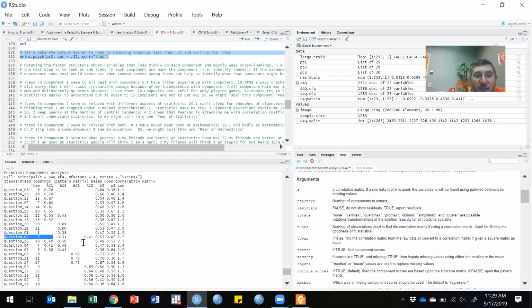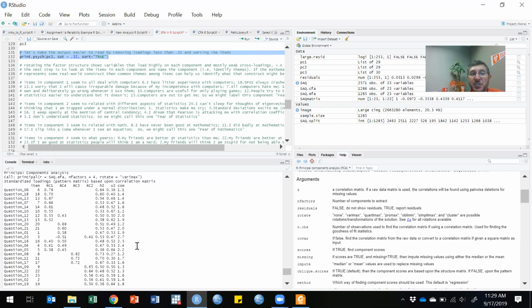Same thing with questions 3, 16, 4, and 5, which all have slight cross loadings. We might want to look at those and see what's going on. They're not too high and tend to load a little bit stronger on one component than the other. So for this example, I'm just going to go with the component that the variable loads the strongest on.